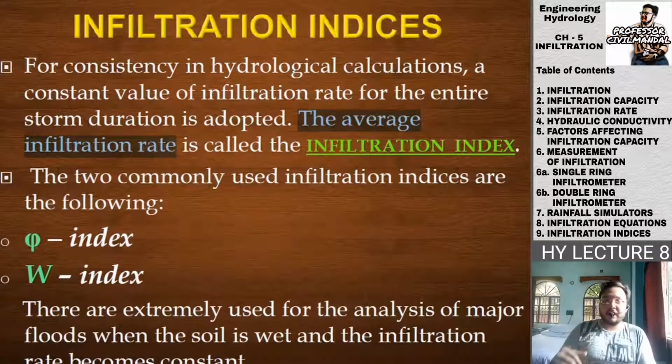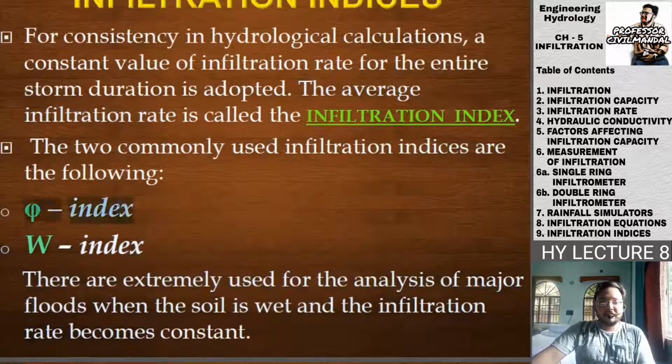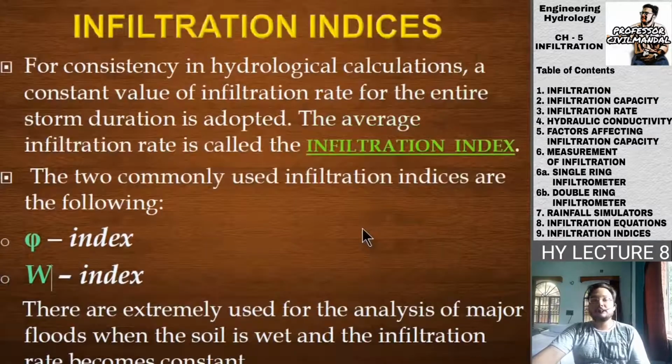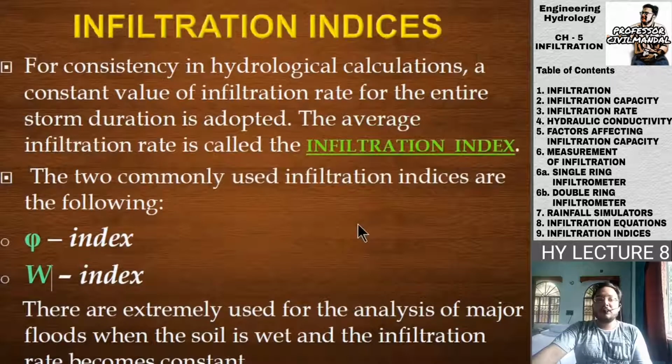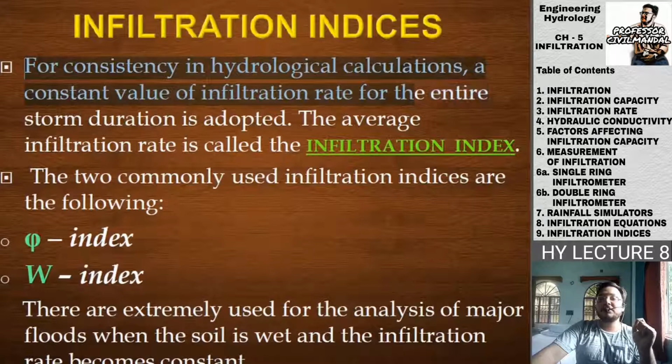I will show you the diagram at a later stage, and first of all you just try to know that there are two types of infiltration indices. One is the phi index, and another is the W index. What we do is, for consistency in hydrological calculation, a constant value of infiltration rate for the entire storm duration shall be adopted.